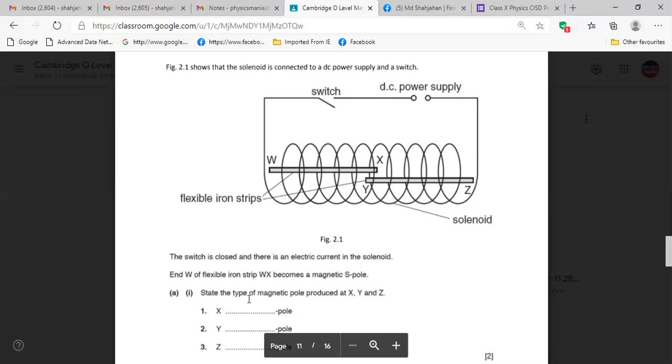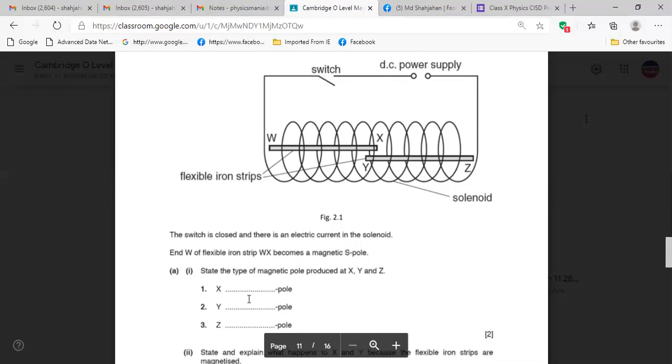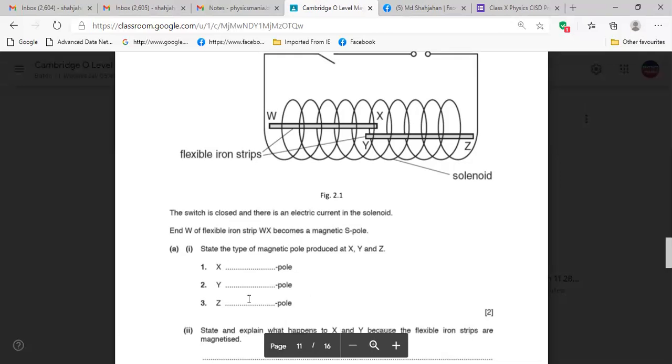So W becomes S pole, right? Yes, W becomes S pole. So X will become North pole, right? Yes. And Y will become South pole. Then Z will become North pole. Okay, so you got it.